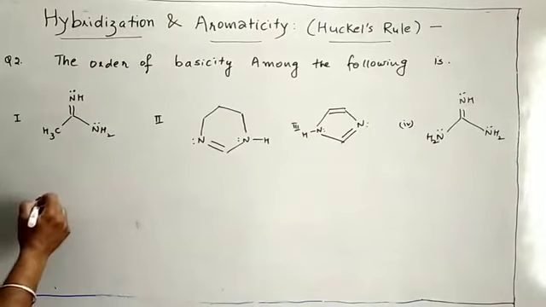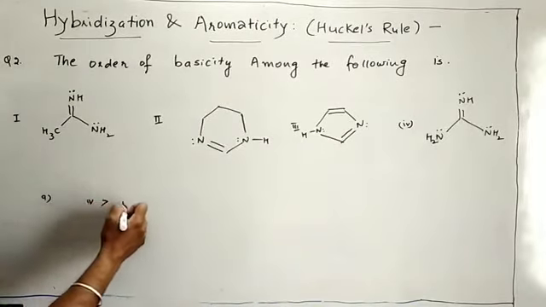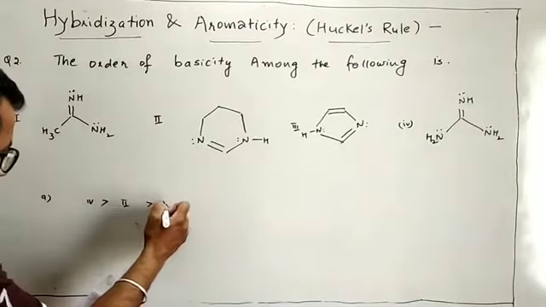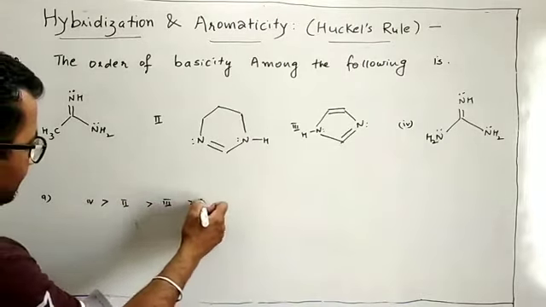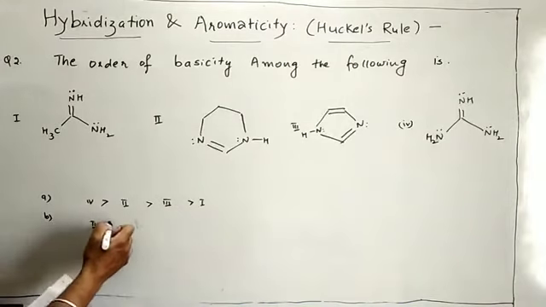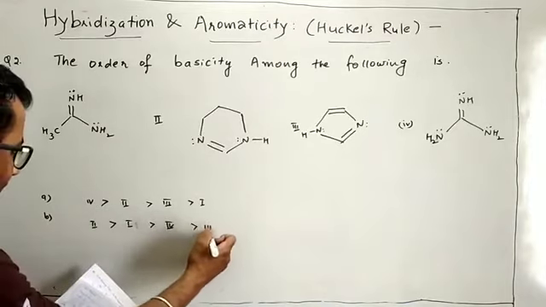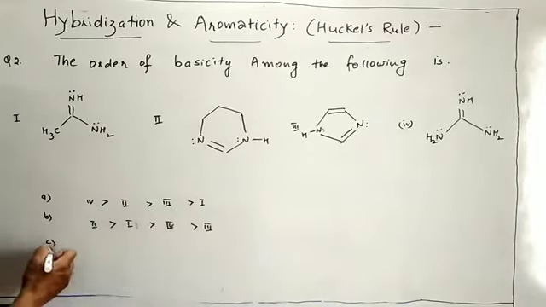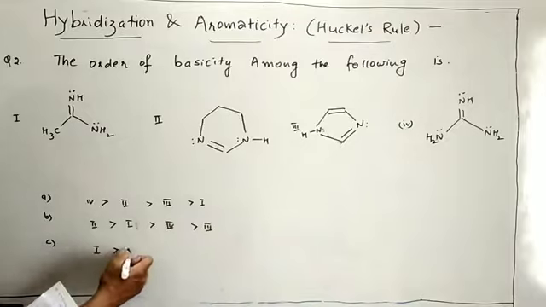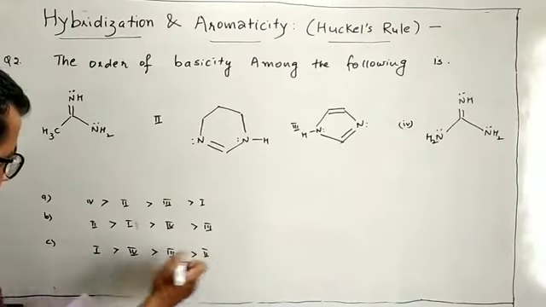So the options are: A, 4, 2, 3 and 1. Option B, 2, 1, 4 and 3. Option C is 1, 4, 3 and 2.